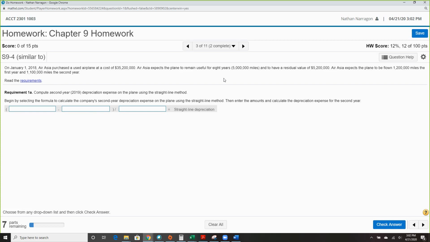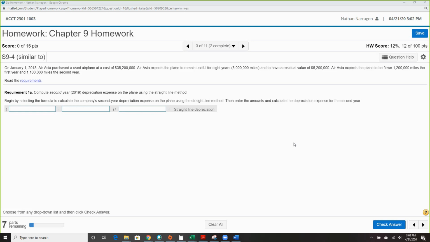AirAsia expects the plane to remain useful for 8 years, which is basically 5 million miles, and to have a residual value of 5,200,000.